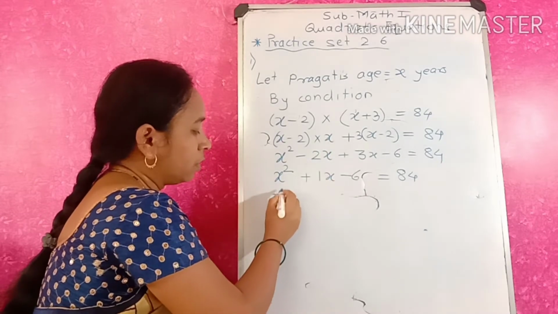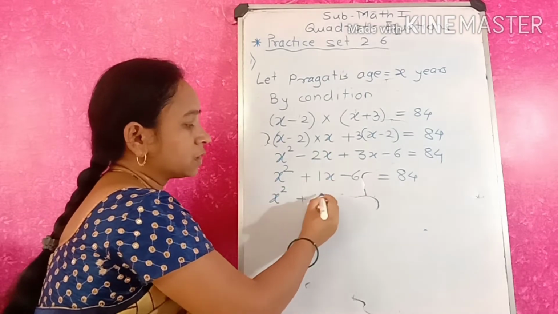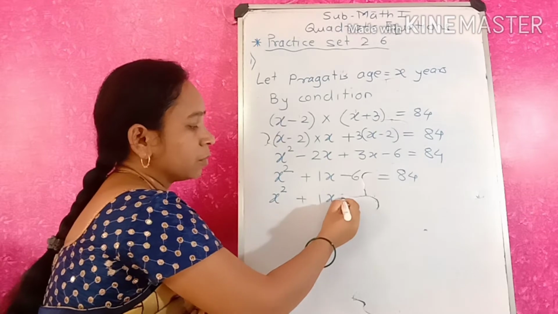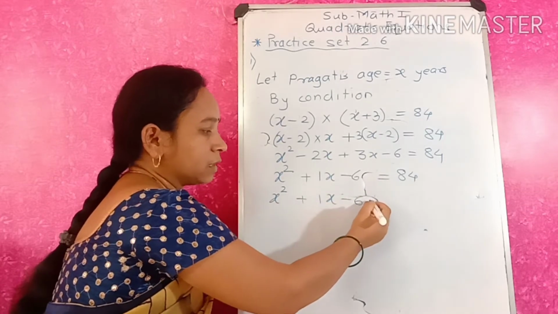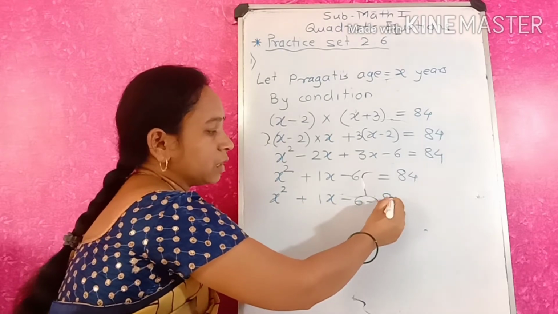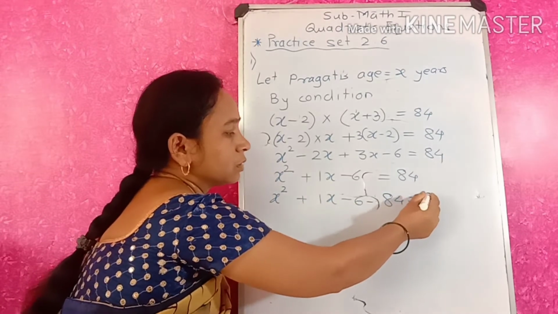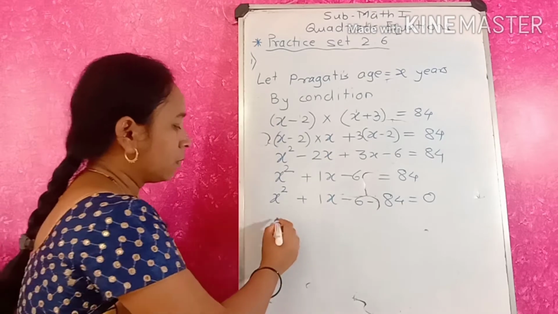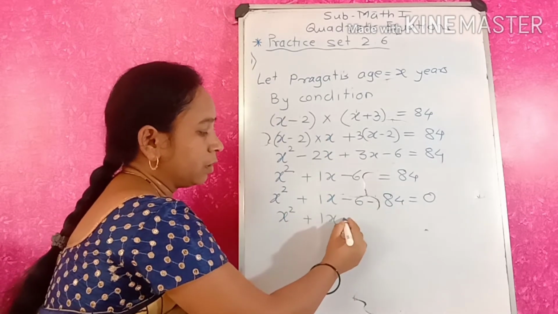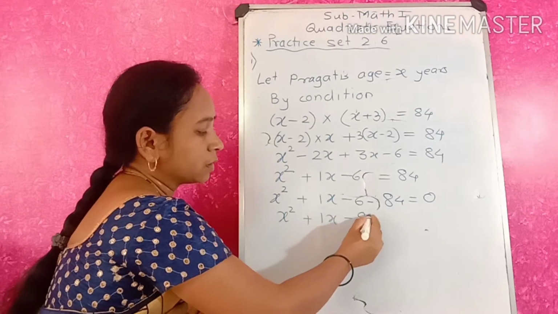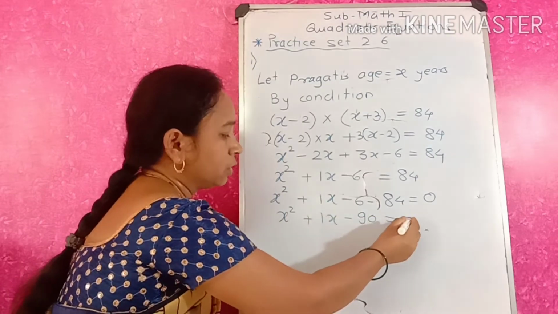So I'll get x square plus 1x minus 6, transfer 84 on this side, LHS, so you will get minus 84 is equal to 0. x square plus 1x, this would be added and you will get minus 90 is equal to 0.